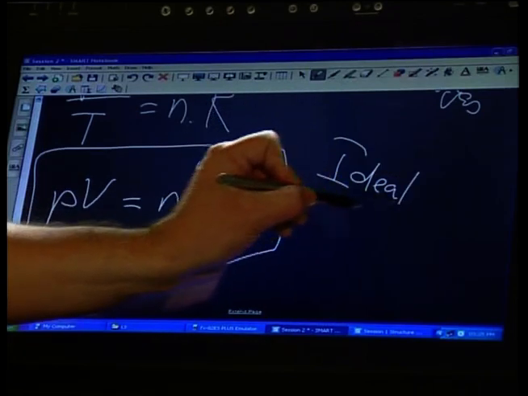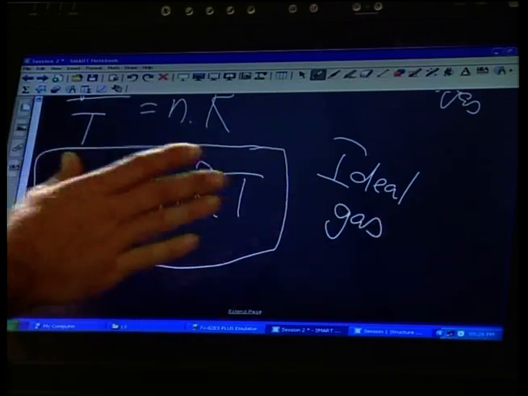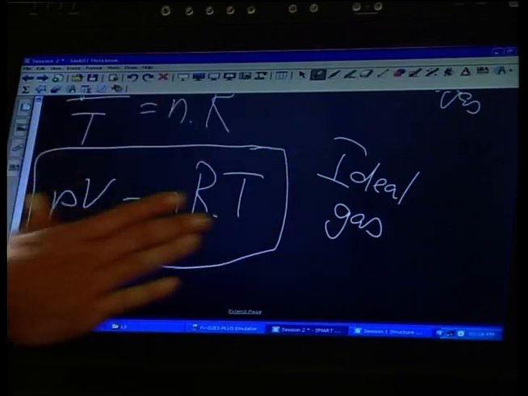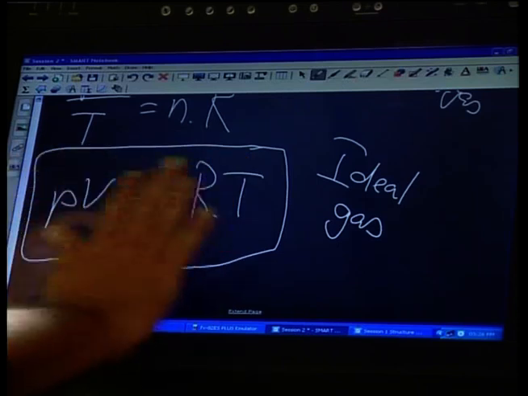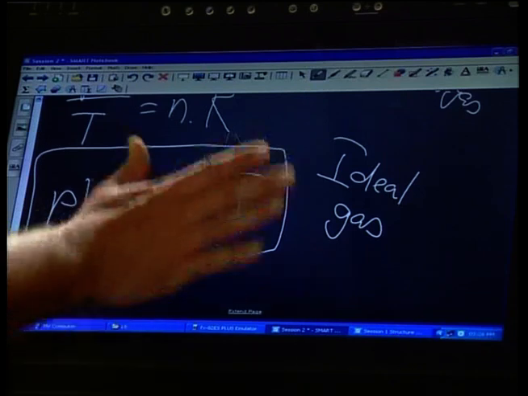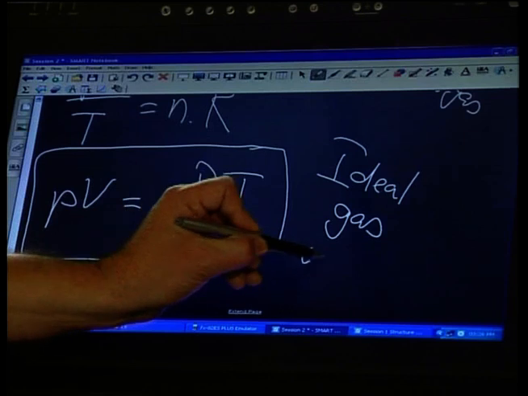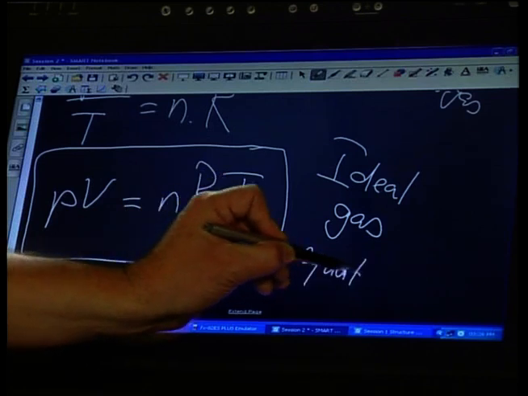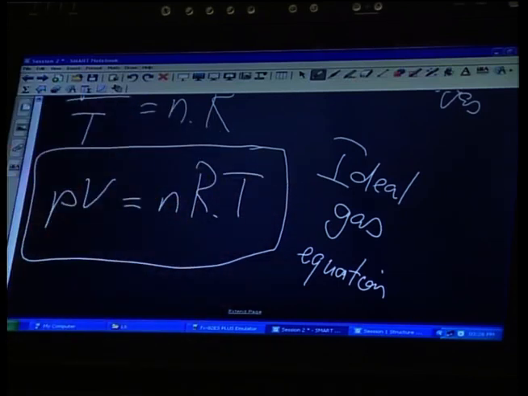So this equation is sometimes referred to as the ideal gas equation because it refers to those things that will obey this relationship for all pressures, all volumes, all temperatures, and all numbers of moles. So this is known as the ideal gas equation. Whenever you're dealing with an ideal gas, this is the equation you need to use.